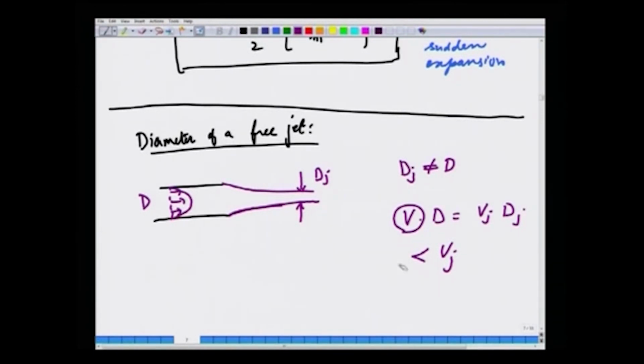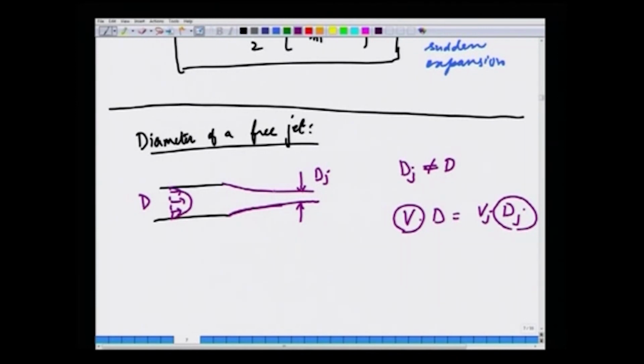So let us see. V in general, the diameter is in general different at the downstream because there is no resisting shear forces here.